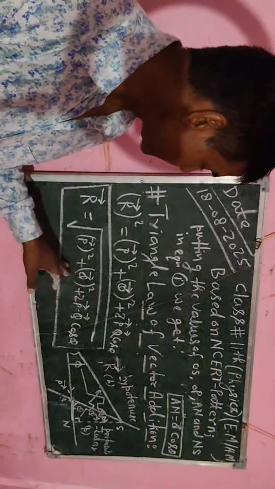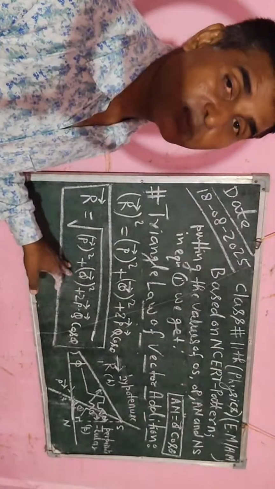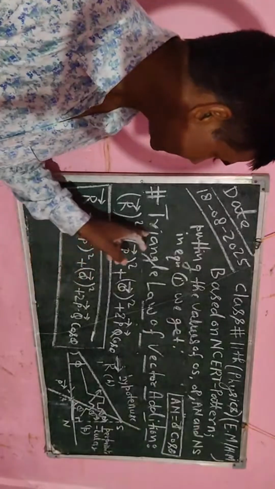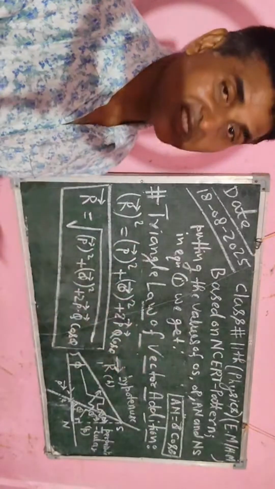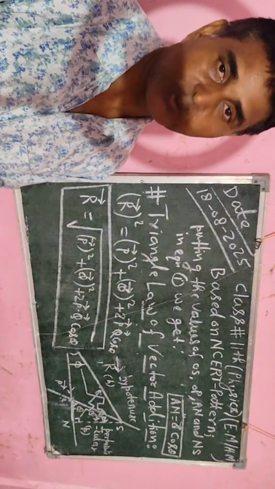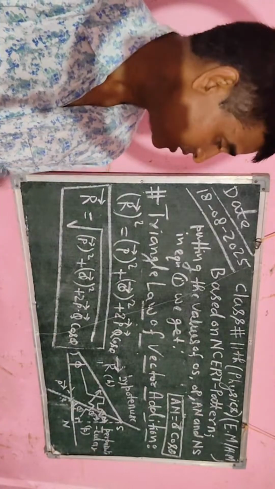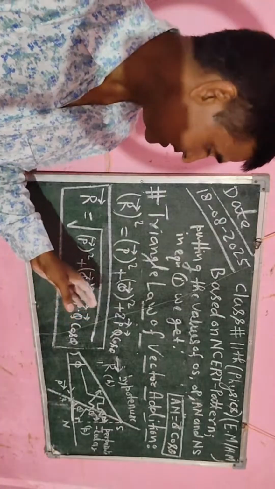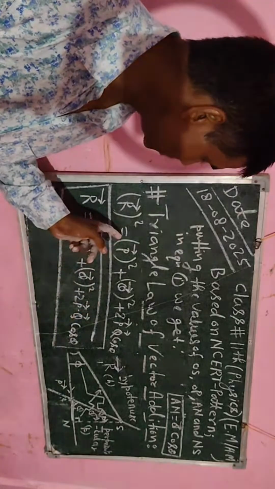So this is the concept, and this concept I have got with the help of the analytical method. Because in the triangle law of vector addition there are two methods. One method is the geometrical method, that is very simple, because vector p plus vector q is equal to vector r, that is the resultant vector. But here I have used the analytical method.